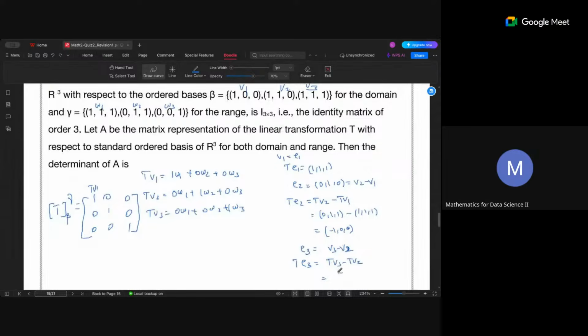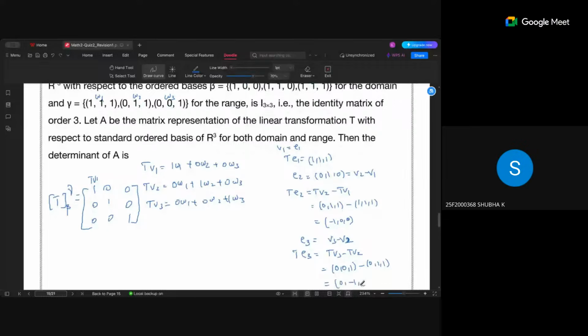So you see that TV3 is actually 0, 0, 1 and TV2 is 0, 1, 1. So you will get 0, minus 1, 0. What is your matrix A then?